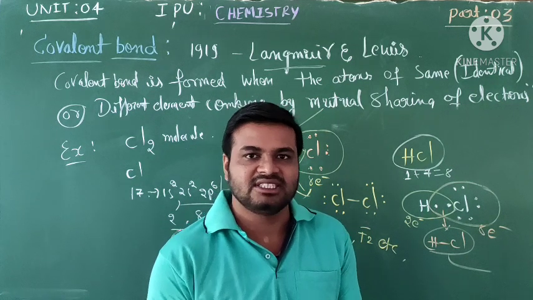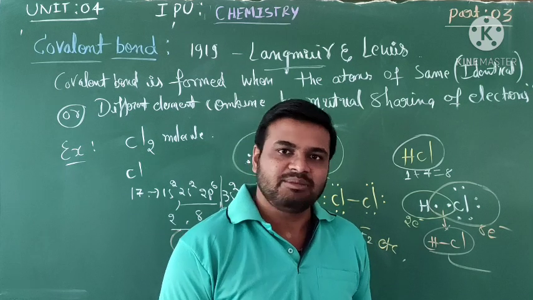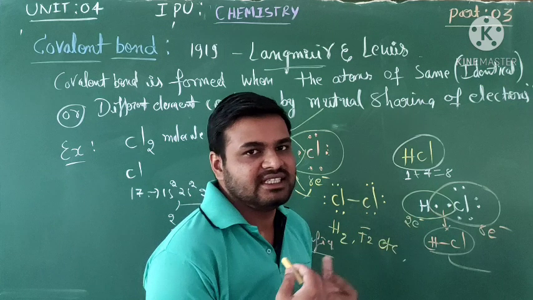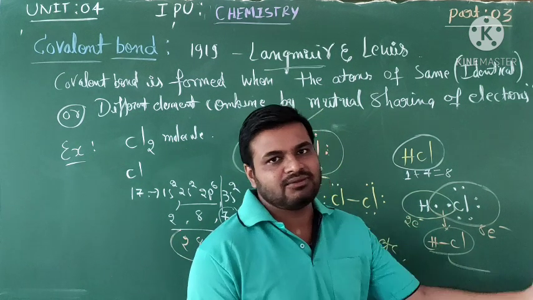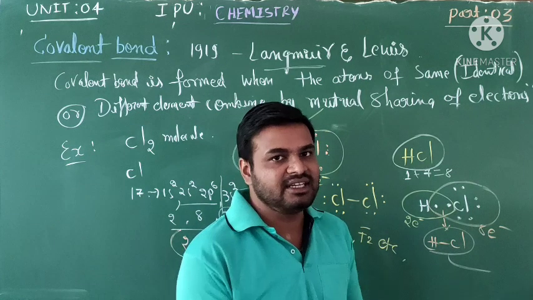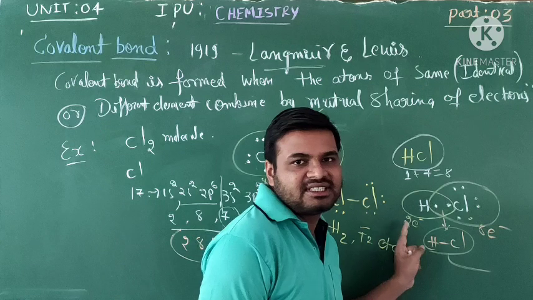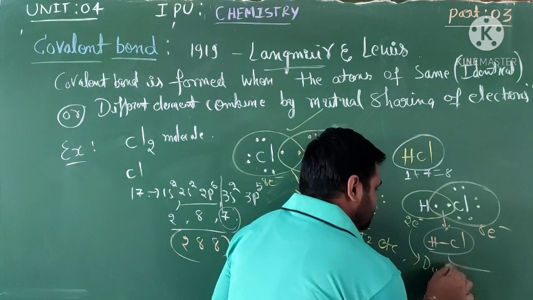The orbit capacity is only 2 electrons, with very few orbitals, so hydrogen is very near to the nucleus. That is why hydrogen gets a capacity of 2 electrons, which we call a duplet.